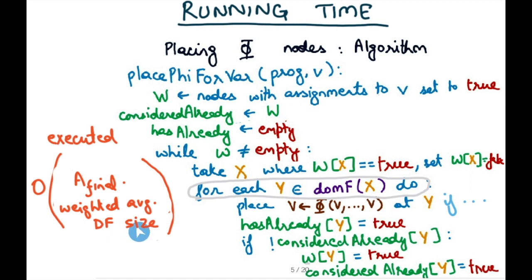The weighted average DF size can be constant size for a given basic block, or can be as high as the number of basic blocks in the program. So it can be between constant and linear in the size of the original program. And so the product of both can be between linear, if A final was linear and weighted average DF size was constant, to cubic if A final was quadratic and weighted average DF size was linear. So the overall running time can be between linear and cubic.